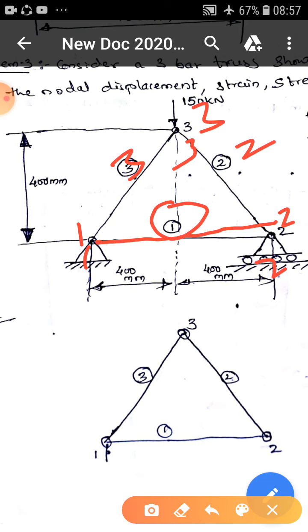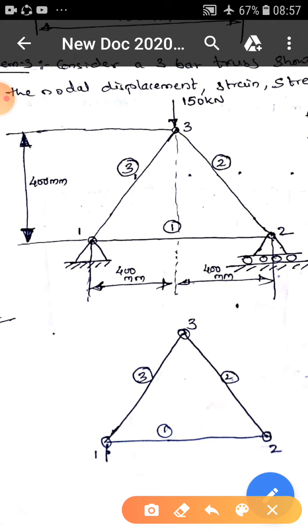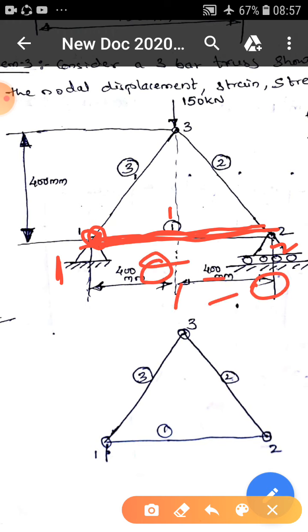Now when I take element 1, its local node 1 is 1 and its local node 2 is 2. What is the angle made by this element at its local node 1? That is 0 degrees. So theta 1 will be 0 degrees.